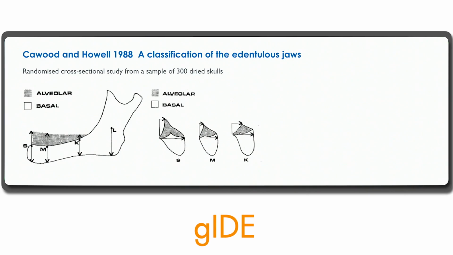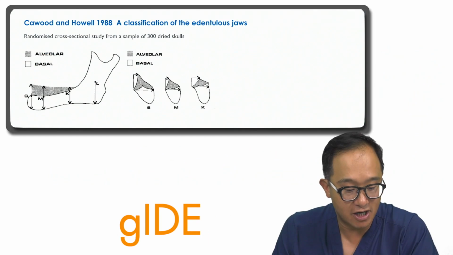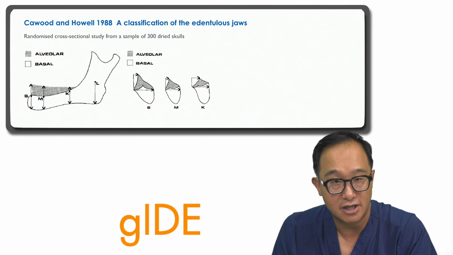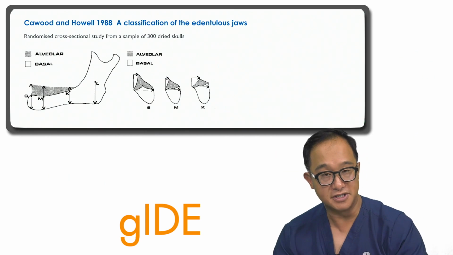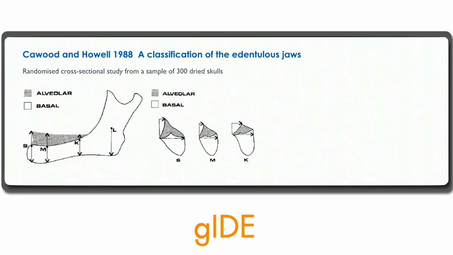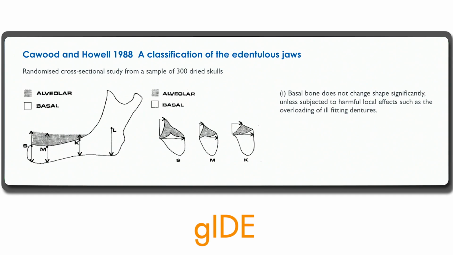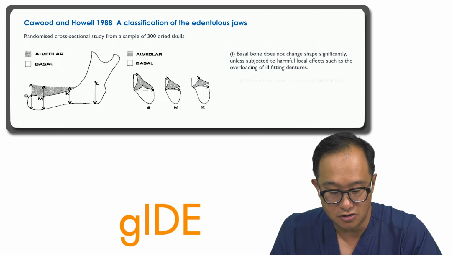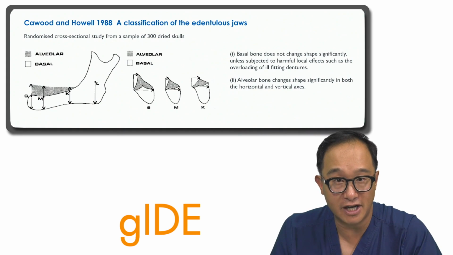Cawood and Howell in 1988 looked at this classification of the edentulous jaws, and they categorized the bone into basal bone and alveolar bone. Alveolar bone is that housing the teeth, and over time that alveolar ridge starts to resorb away. The basal bone does not change shape significantly. So you see the basal bone is pretty much similar for every single patient.